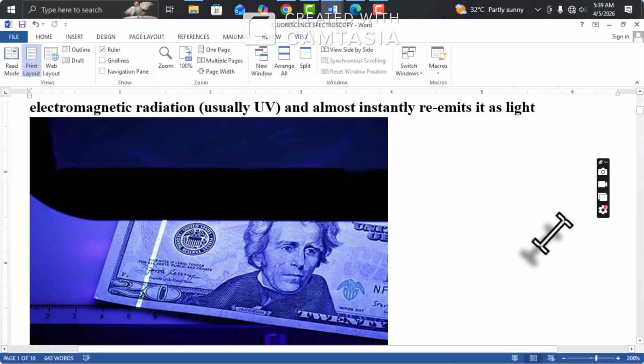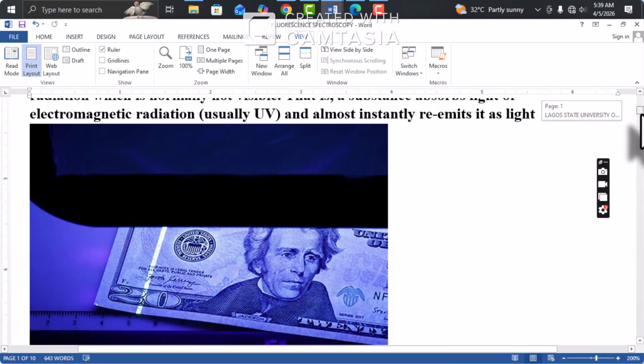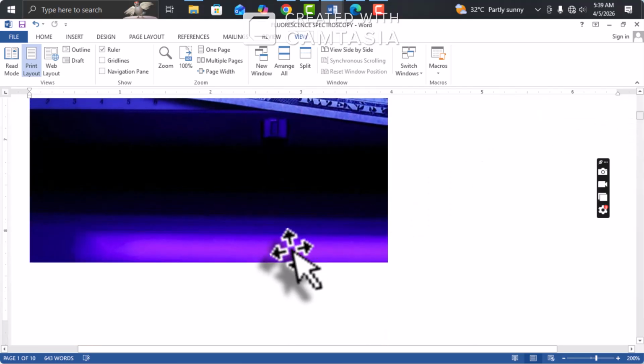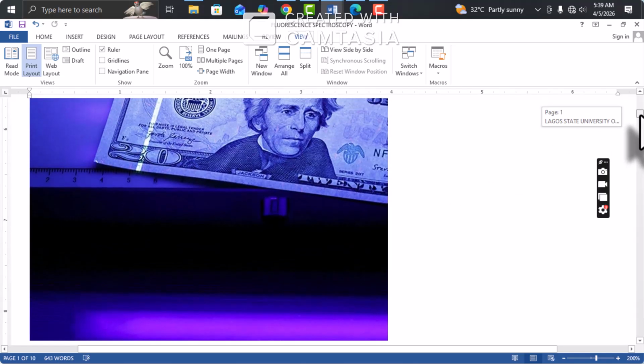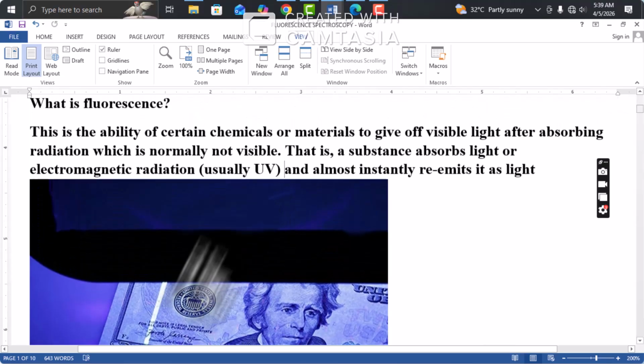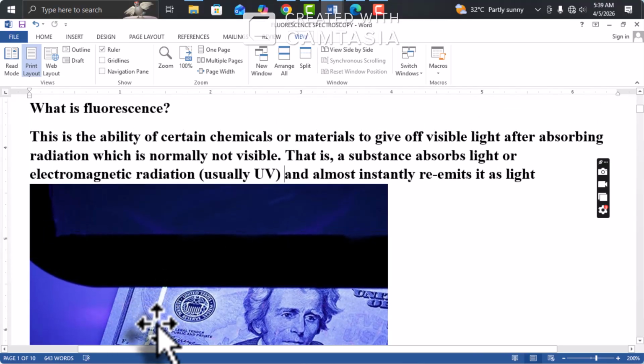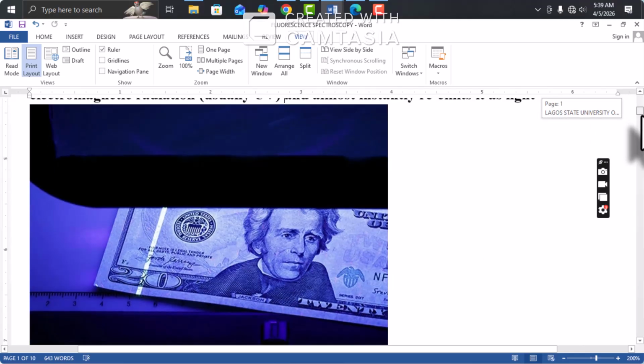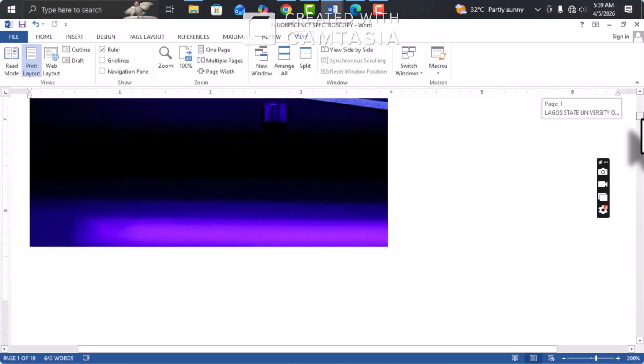You can see the UV light just below, that purple light there. Because you are putting it under UV light, you can see that white light. This is one of the ways to authenticate whether the dollar note is fake or original, and it's done in many countries.